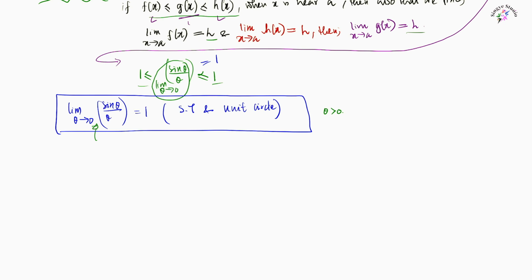Now for this, initially we have the limit as theta approaches 0 of sine theta divided by theta equals 1. Now what we can do is make this in terms of 1 minus cosine theta.